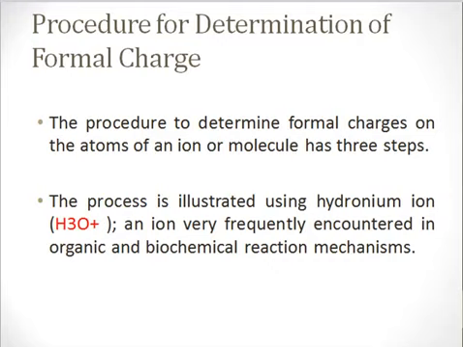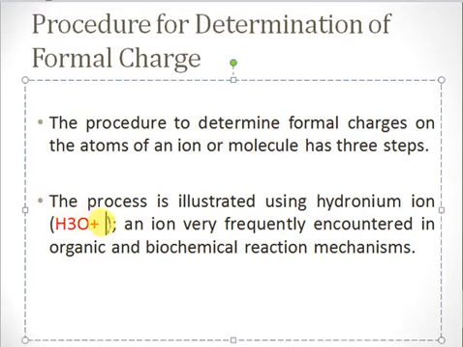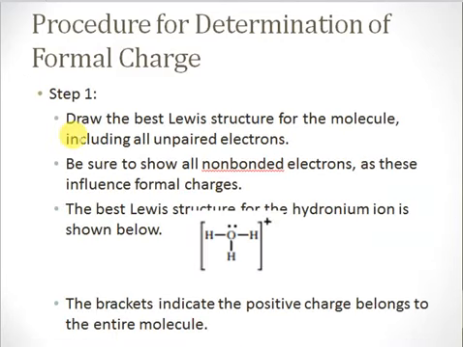Before starting, let's take the example of a simple molecule, the hydronium ion, H3O+. You might have seen this ion very frequently in different organic and biochemical reaction mechanisms, right? So let's move to step 1.